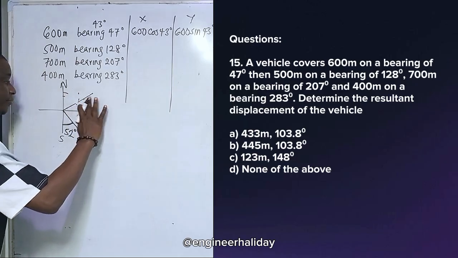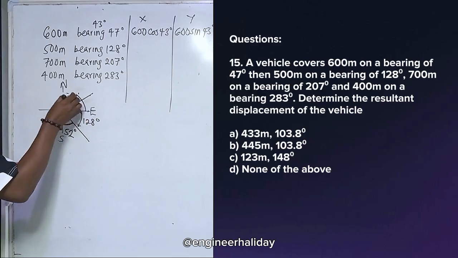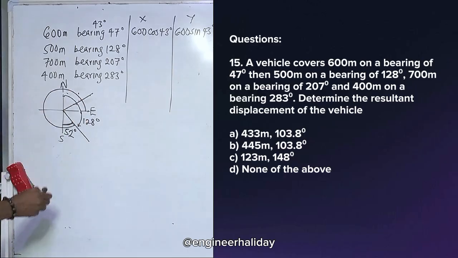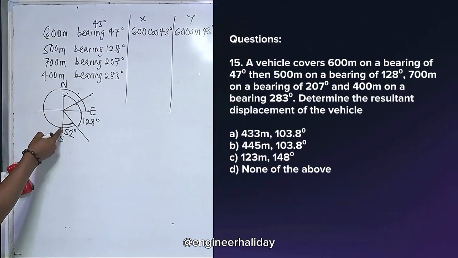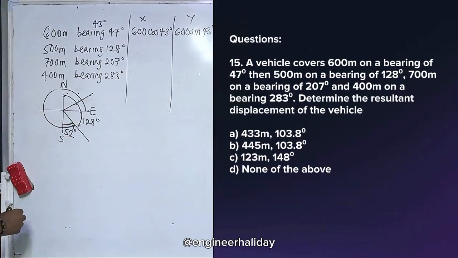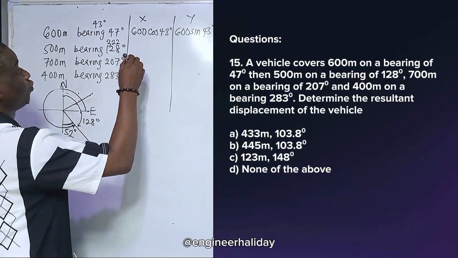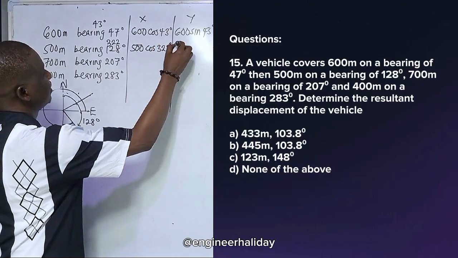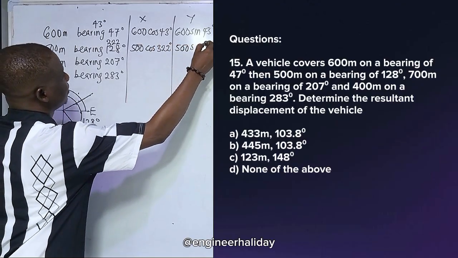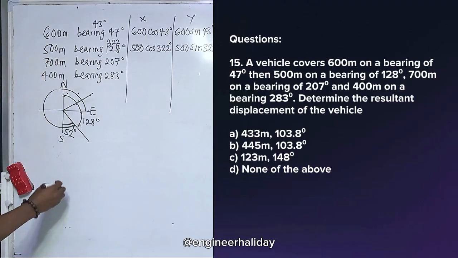Now, for us to calculate the angle, you move anti-clockwise to touch the point. So here is 90, 180, 270 plus 52, which gives us 322. So that will give us 500 cos 322 degree and 500 sine 322 degree.